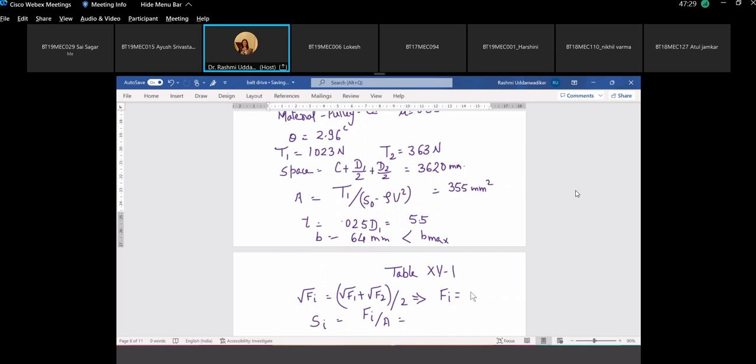F1 is 1023 and F2 is 362. Root of F1 plus root of F2 by 2. Yeah, it is 651. 651 Newton is correct.